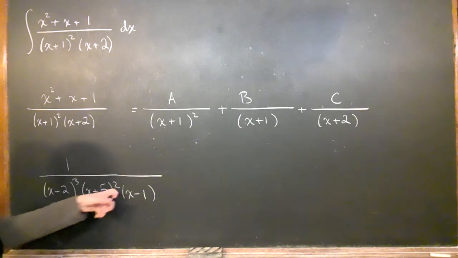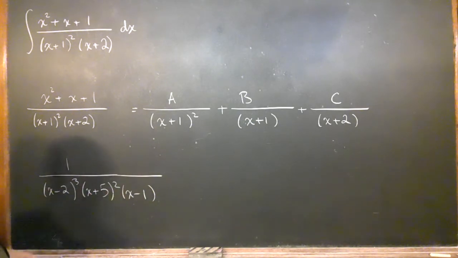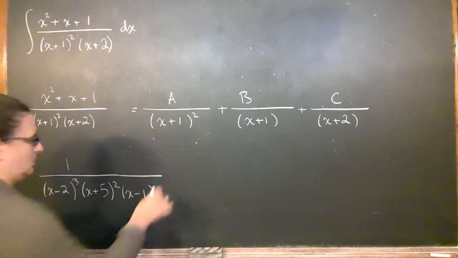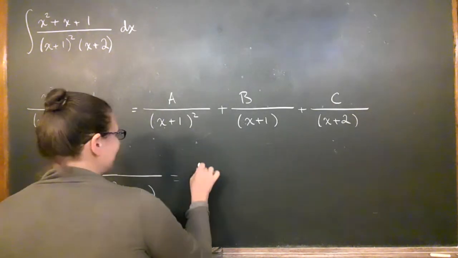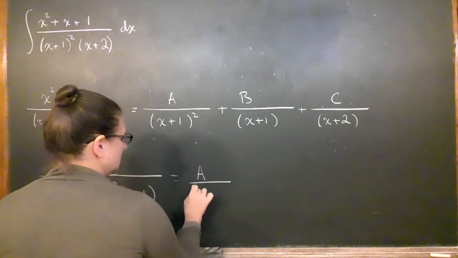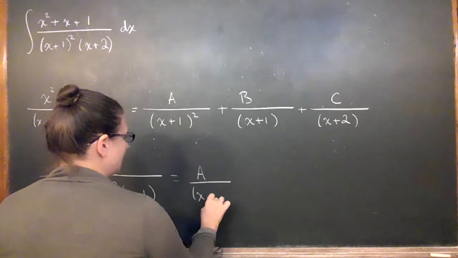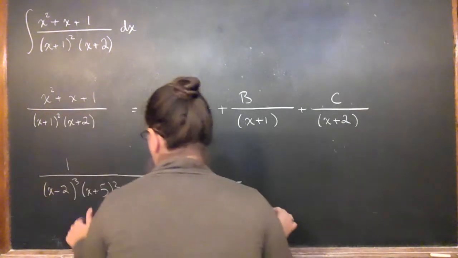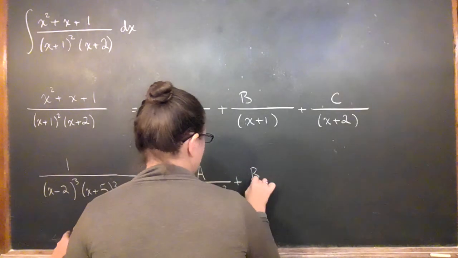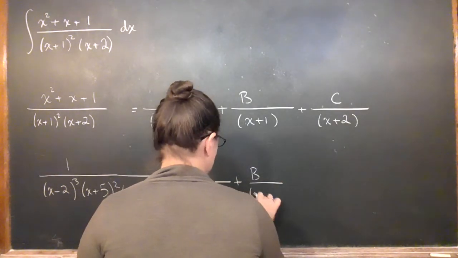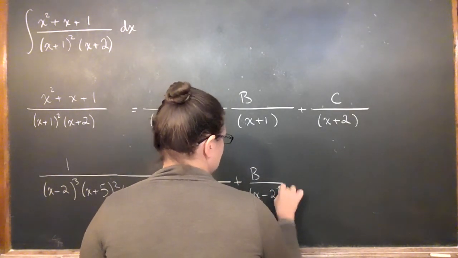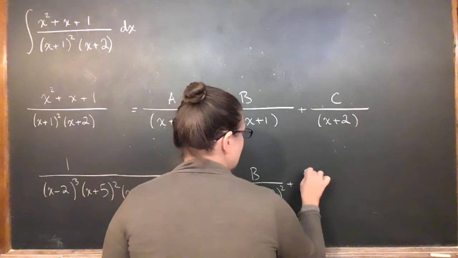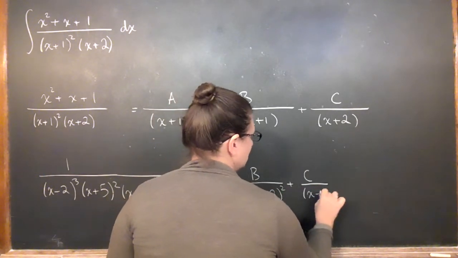This guy has a power of 2, and this guy's a power of 3. And I just put 1 in the top. If I was going to do the partial fraction decomposition, I would have to take care of every possibility, right? So I would have to go x minus 2 cubed, x minus 2 squared, and x minus 2.